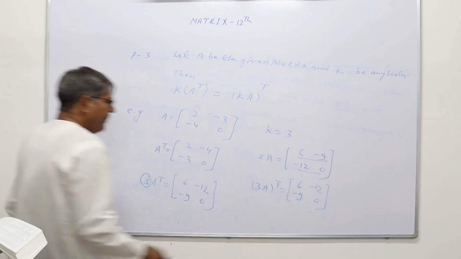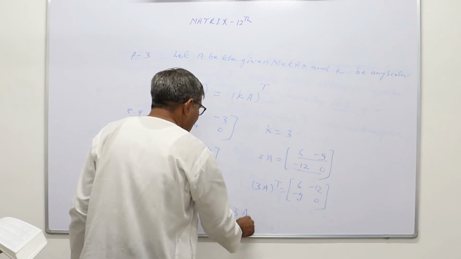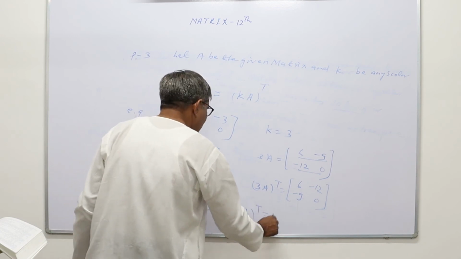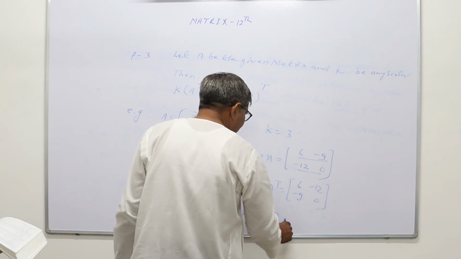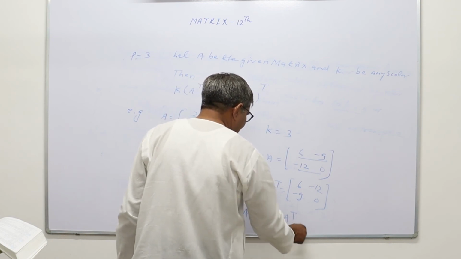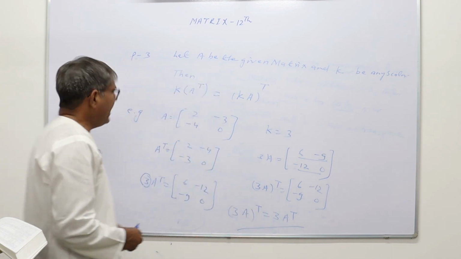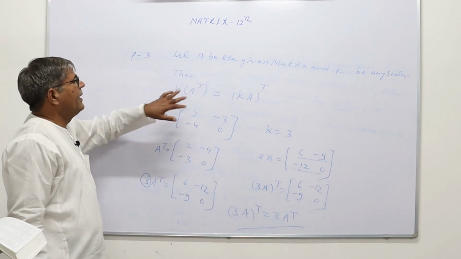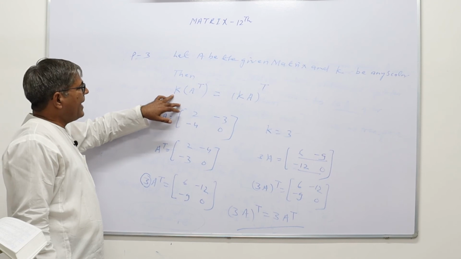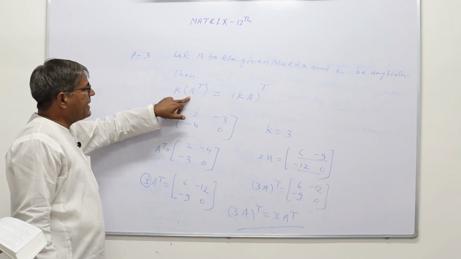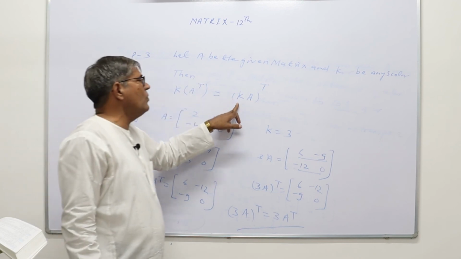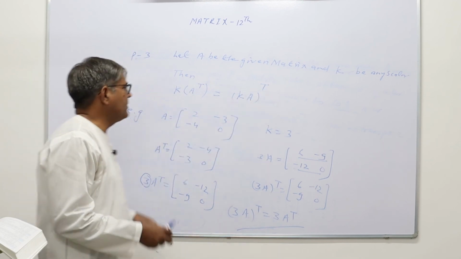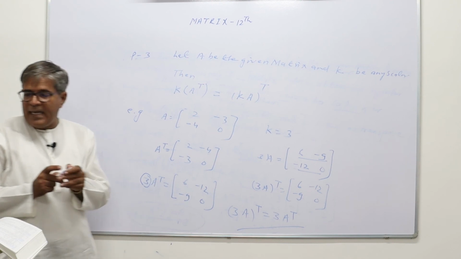So 3A whole transpose is equal to the scalar multiplication of 3 with the transpose of the given matrix. So if we multiply any scalar with the given matrix and then find the transpose, it will be equal to K times A transpose. So this is property number 3.